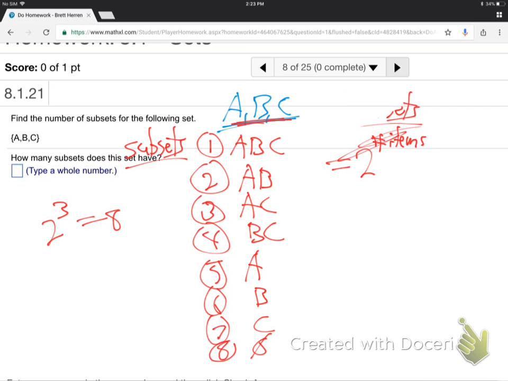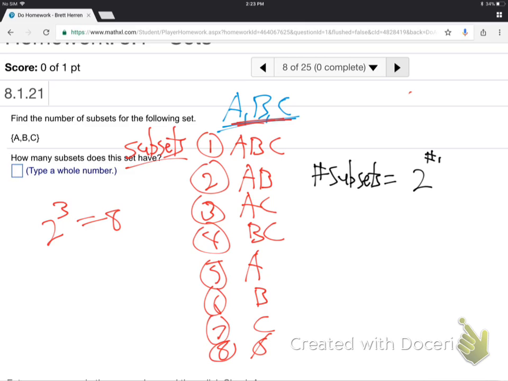Number of subsets is 2 to the number of items. So the number of subsets is always 2 to the power of the number of items. Right, so if we have 3 items, it's 2 to the third, which is 8. Sure enough, there's 8. So if somebody offers you 4 things, how many different things can you do?